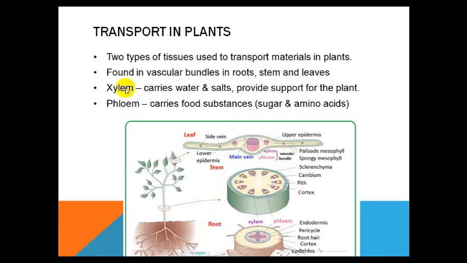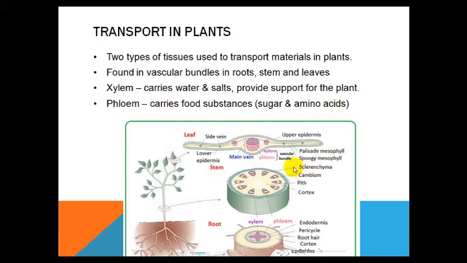These two tissues are known as the xylem and the phloem. The function of the xylem is to carry water and mineral salts, and to provide support for the plant. For phloem, its function is to carry food substances in the form of sugar and amino acids.